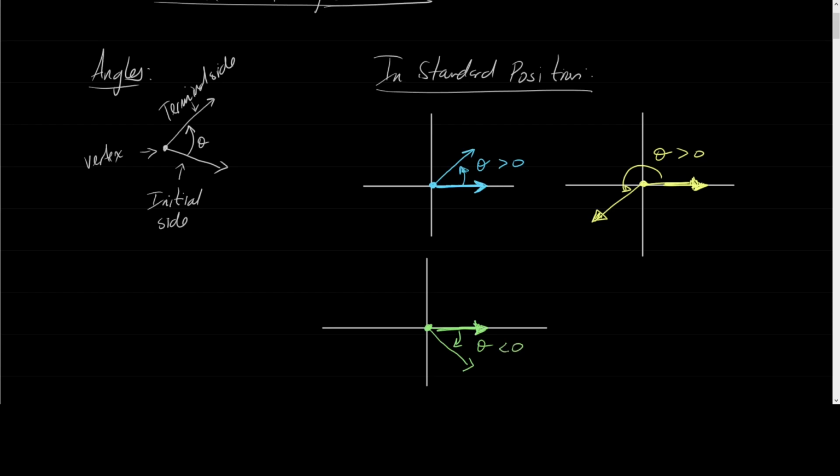Again, it doesn't necessarily need to end in that quadrant, so we would have something like this: our vertex at the origin, our initial side on the positive x-axis, and this right here would be our theta. That theta would be less than 0 because we're measuring clockwise. So measuring clockwise gives us negative angles, and measuring counterclockwise gives us positive angles.